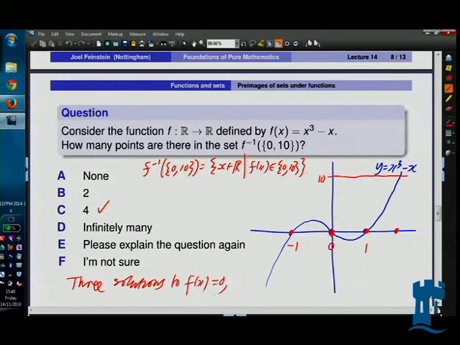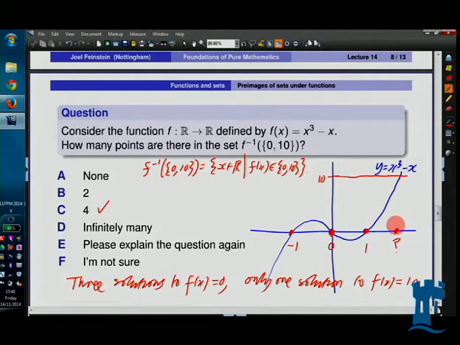But there's only one solution to f of x equals 10. I'll let you find out where that point is numerically, or perhaps some of you can. There are some horrible formulae around for solving cubics, so you might have to go for one of those. But I'll leave that to you.